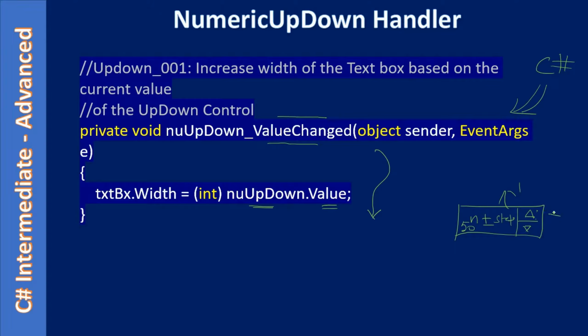When the user clicks continuously, this will produce multiple events, and each time this event is called, the text box will keep on increasing as they keep on clicking. When we go to the demo, you will see that.